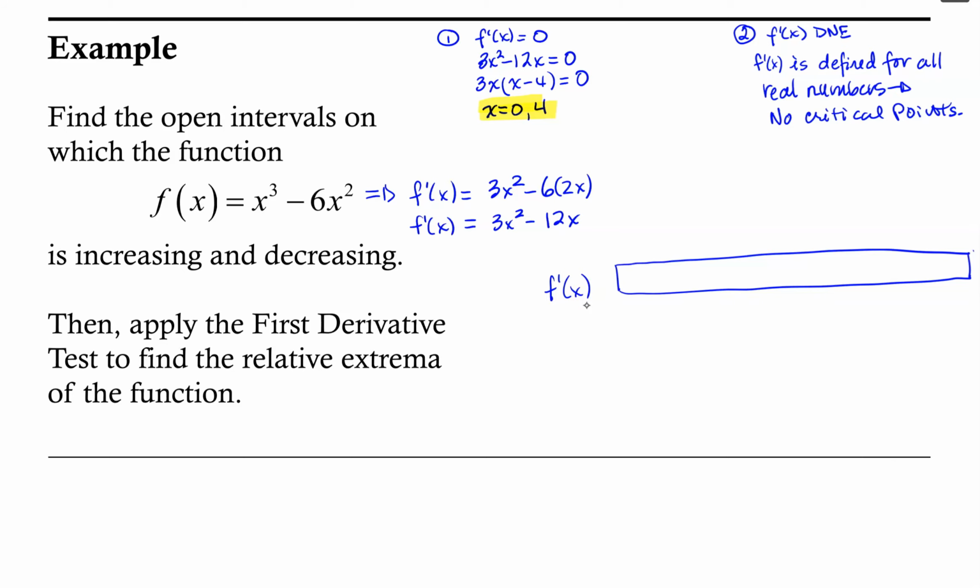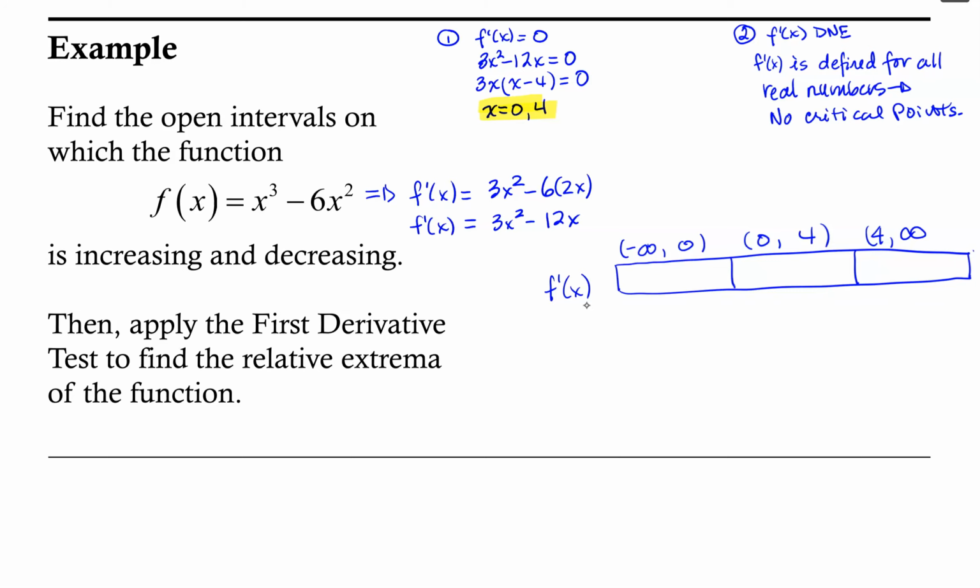So our first critical point to the left is 0, so we will have an interval from negative infinity to 0. And then we'll move to the next interval, which is 0 to 4. And then we'll have a third interval that starts to the right of 4 and extends on towards positive infinity.